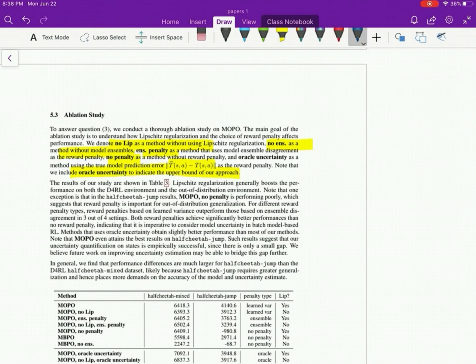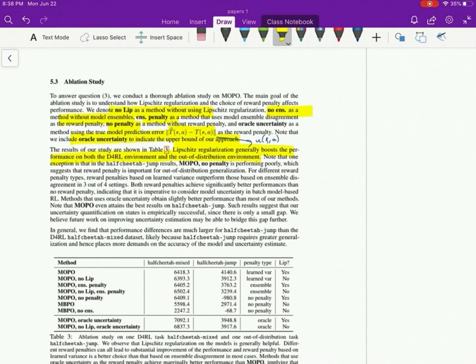This is the u(s,a) part. So this is where they have actually used it. Now Lipschitz regularization generally boosts the performance, as we saw earlier. This is being observed here, I guess.